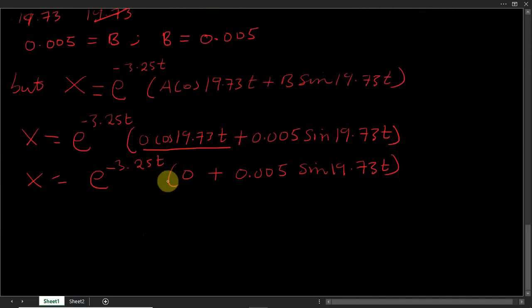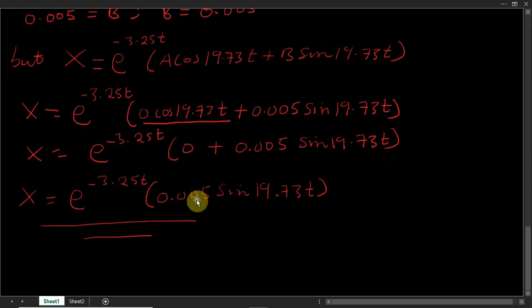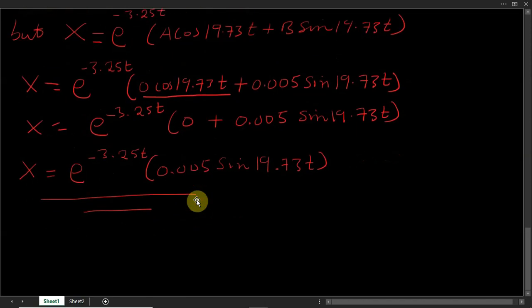So finally, our solution becomes e to the power of negative 3.25t, 0.005 sine 19.73t. This is the solution of the differential equation, evaluating the A and the B. Right.